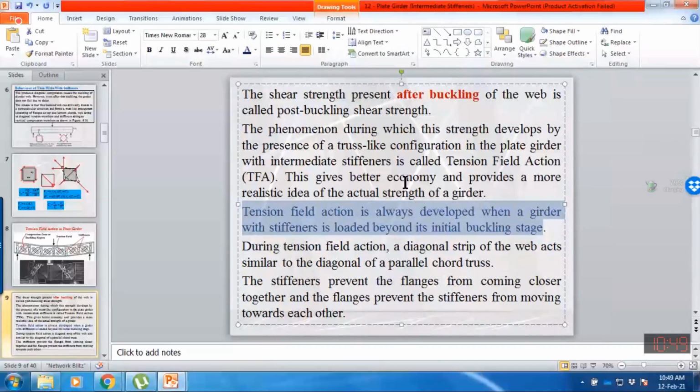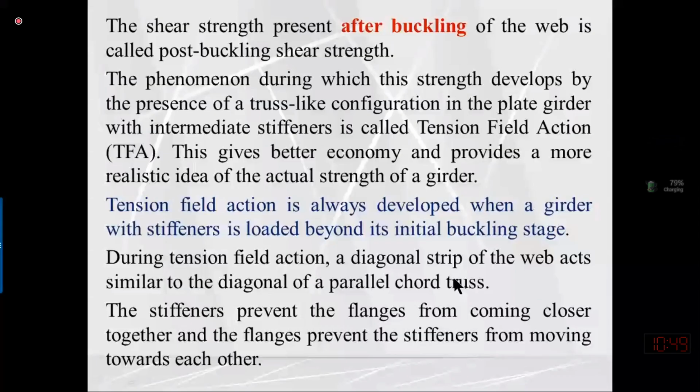If the web is not subjected to its buckling value, tension field action will not develop, because it only develops when the web buckles, and perpendicular to the buckling direction, tensile forces develop.